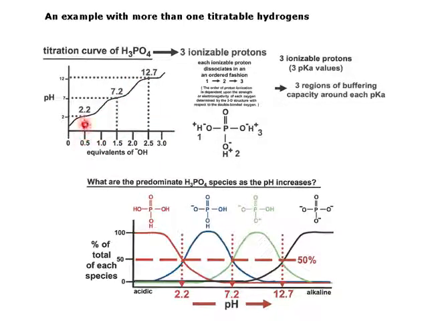Again, at the half equivalence points, you have equal concentrations of the acid and the conjugate base. Those will be your pKa values where you have these plateaus, and the pH equals the pKa. When you're at the equivalence point, you completely titrate that first group, so you shoot up and start titrating the second group.